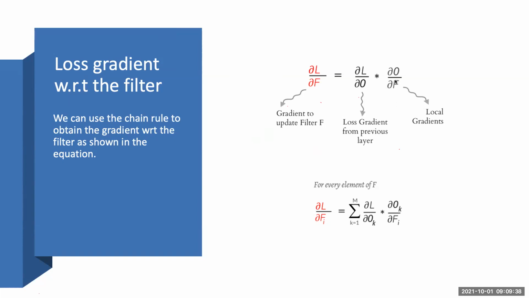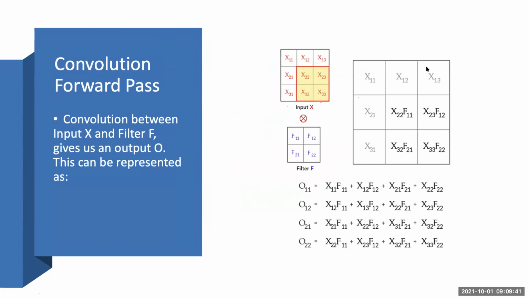What do we mean by local gradients? Remember from the previous slide, we calculated the outputs as a function of the input and the filter.